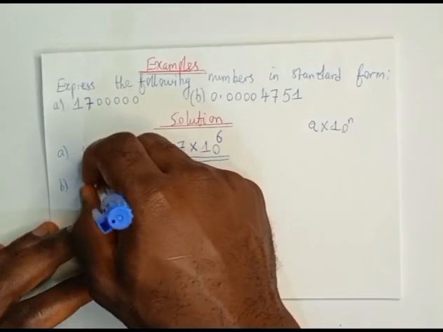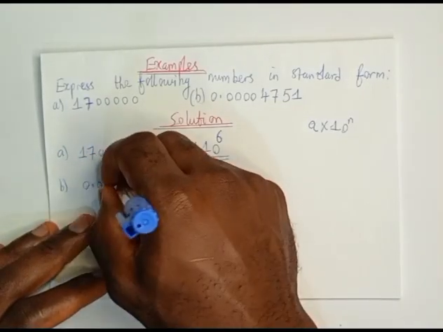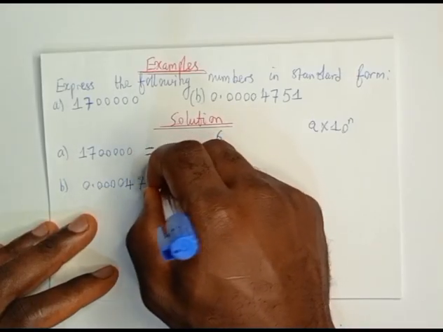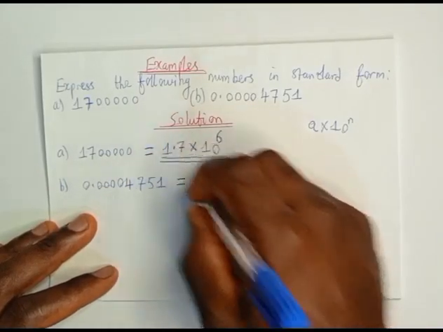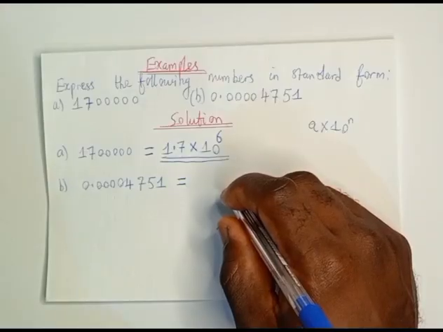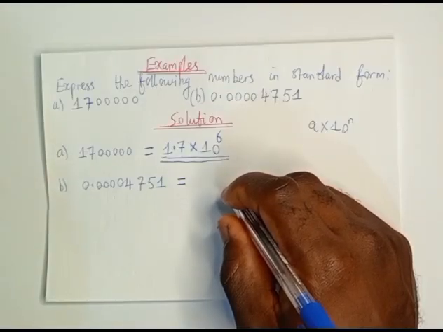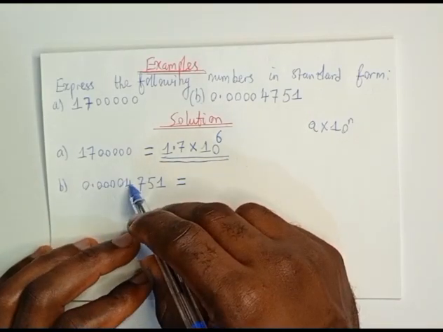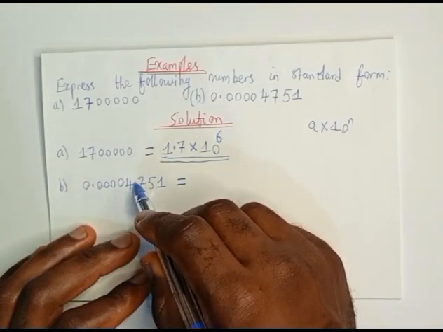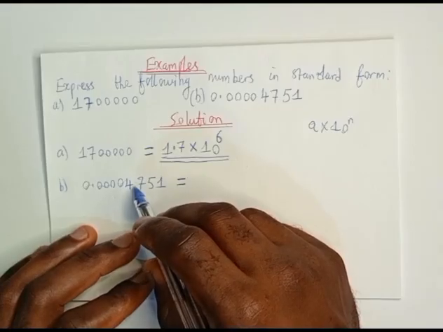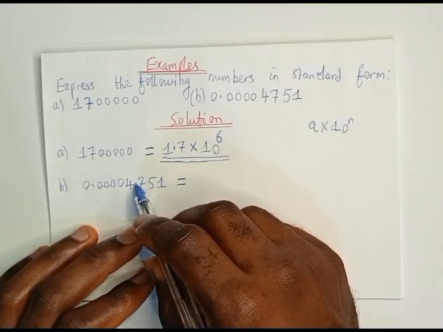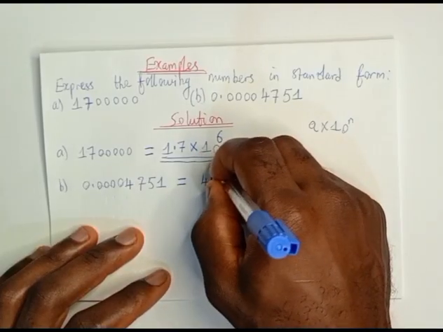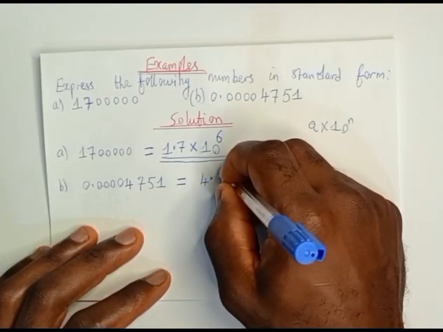We have the number 0.00004751 in standard form. We fix a decimal point after the first non-zero digit of this number. This 4 is the first non-zero digit. We fix a decimal point here. Fixing a decimal point here means our a will be 4.751.